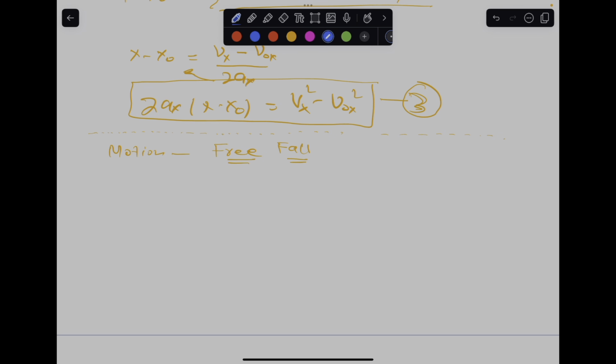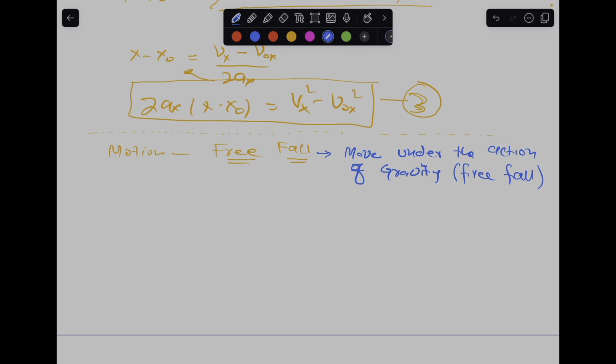So when an object moves under the action of gravity, this motion is known as free fall. So an object moving under the action of gravity is in free fall.